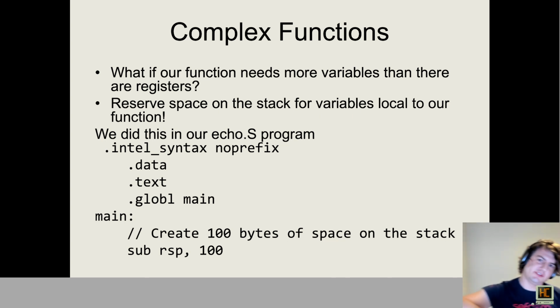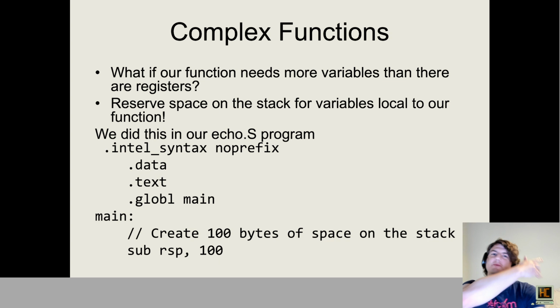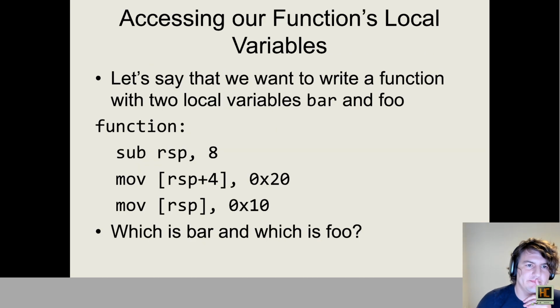Yeah, because the stack goes down. The stack starts at high addresses and moves down. So when we want to reserve space on the stack, we adjust the stack down. Excellent.